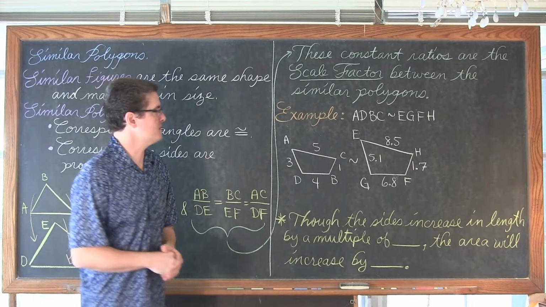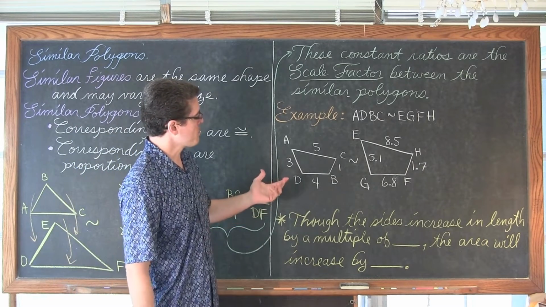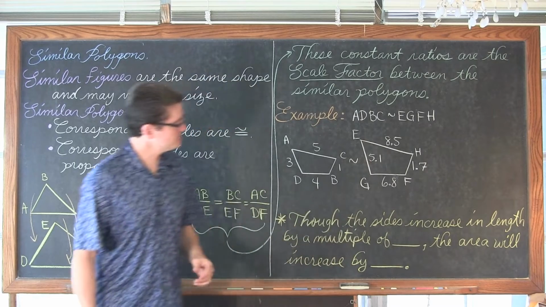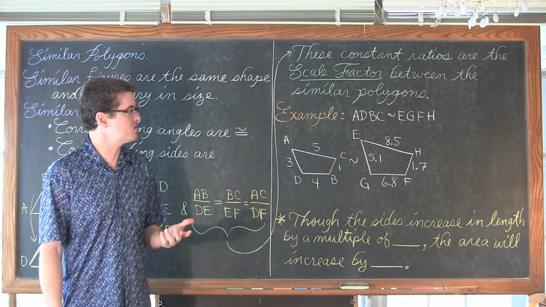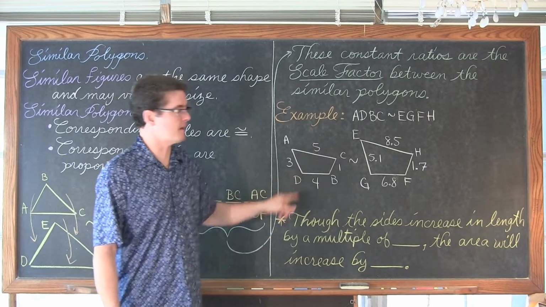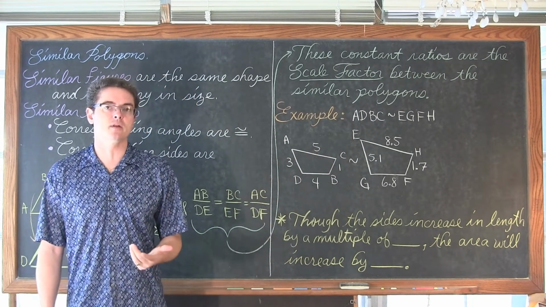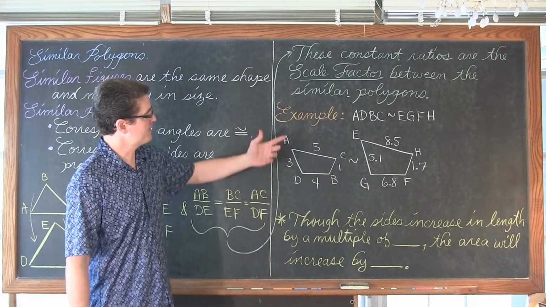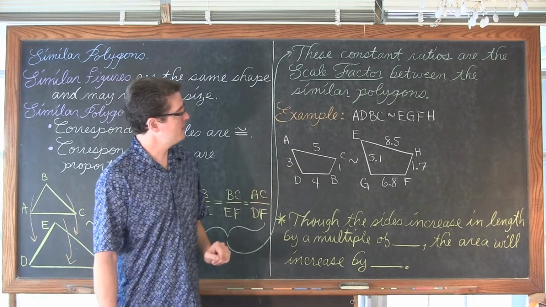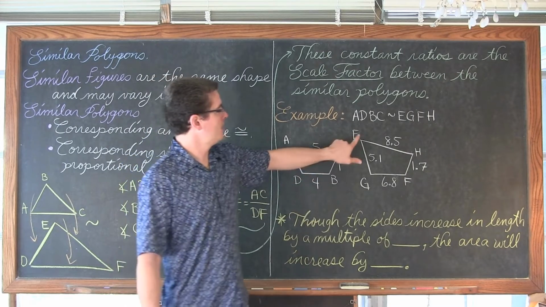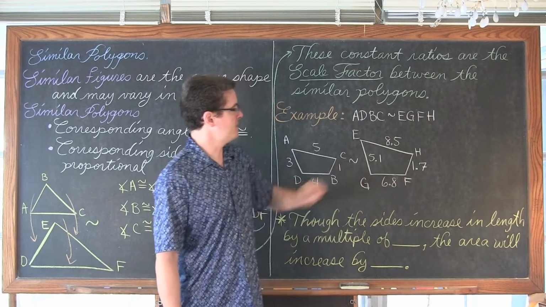So my example here is, again, I've given you a couple of figures that are in the same orientation, but I've zigzagged my letters around so that you don't always think I'm going in alphabetical order. I have the quadrilateral ACBD is similar to EHFG.